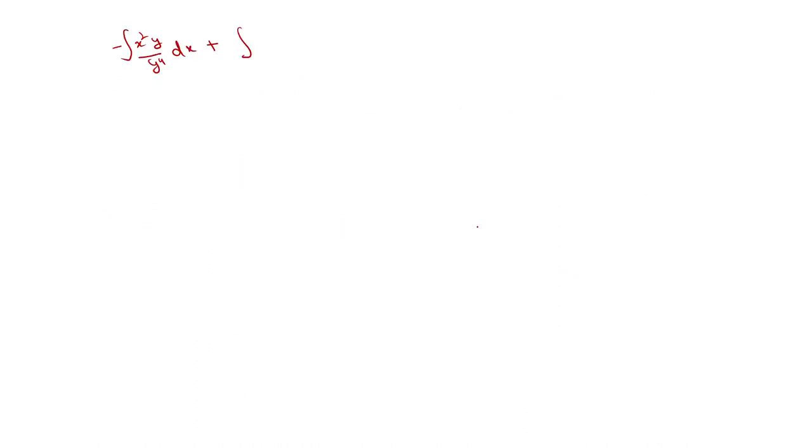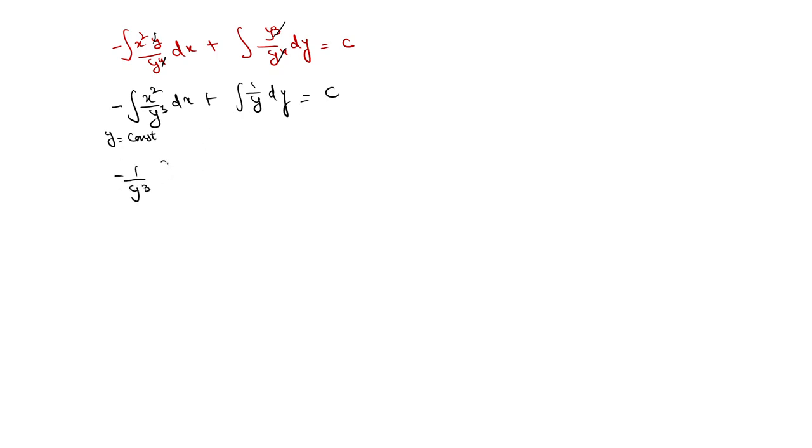So we will replace it by y³ over y⁴ dy equals c. Now we have to just find the integration for further simplification. Here it would cancel out: minus x²y³ dx, where y is treated as a constant, plus 1 by y dy equals c. y is a constant, comes outside, integration of x² dx plus 1 by y dy equals c.